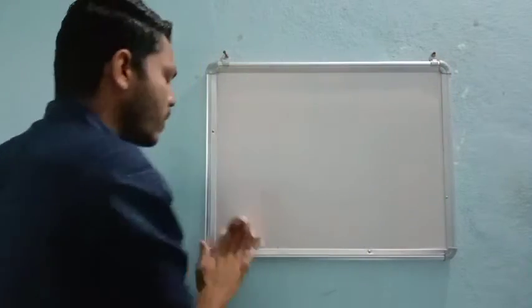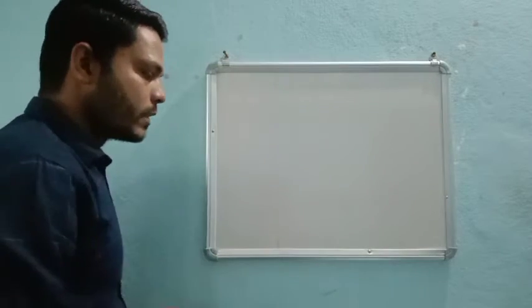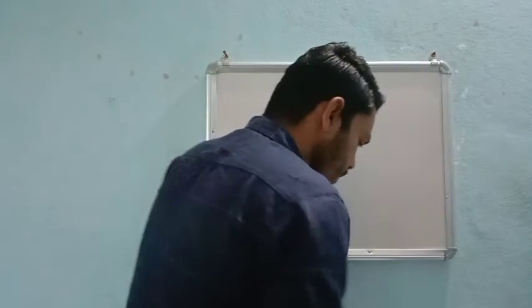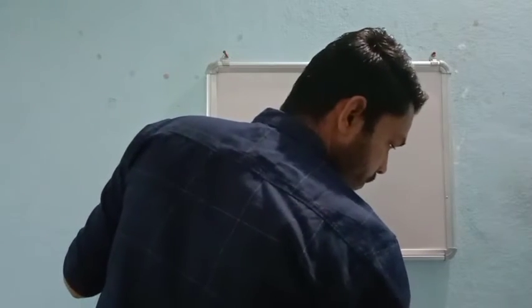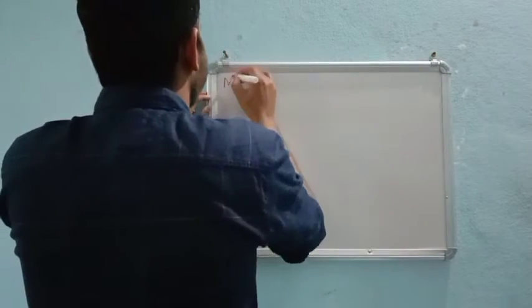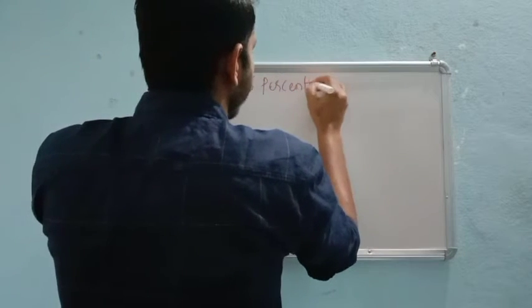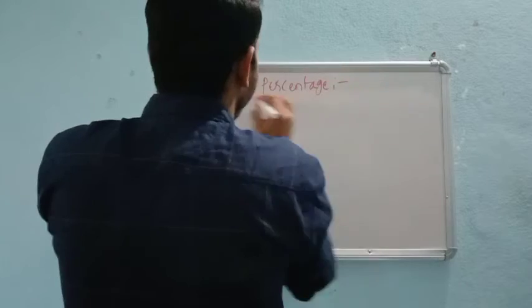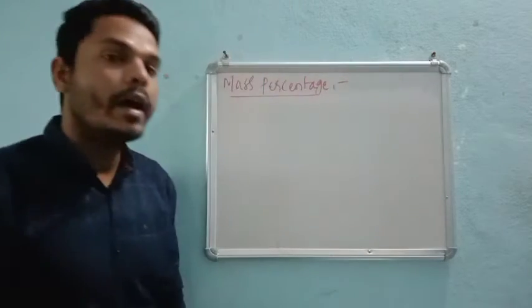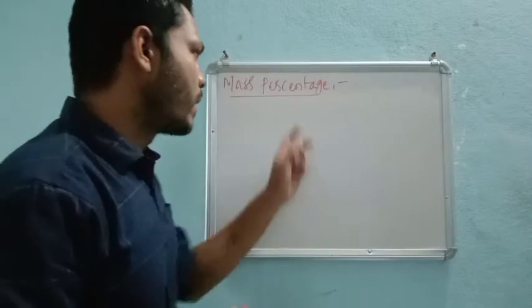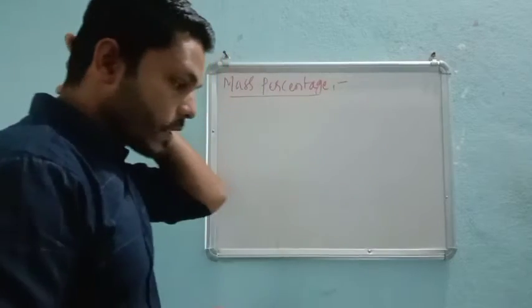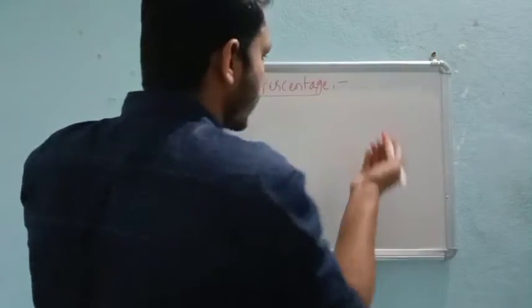If you remember the formula, then you can very easily calculate the things, right? Mass percentage. Remember dear student, percentage means we have to multiply with 100. Mass percentage can be calculated by using a formula directly.